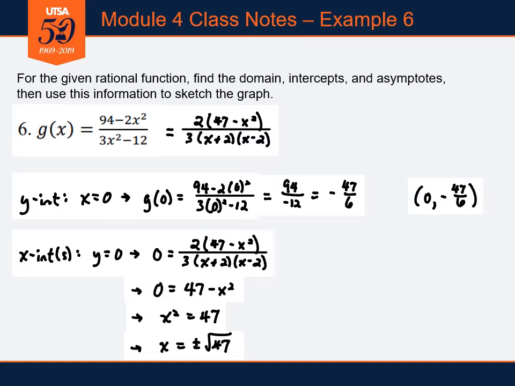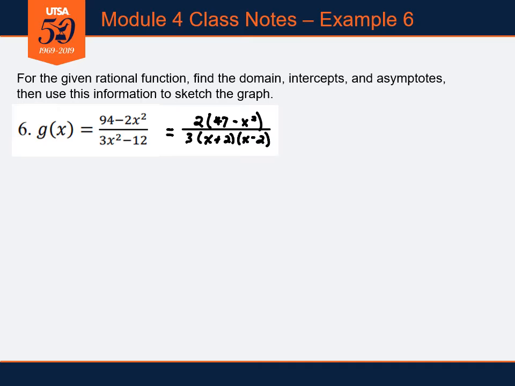Yuck. But that's okay. The square root of 47, and you can double check this in your calculator, is almost 7, because the square root of 49 would be 7. So we've got two x-intercepts, one at positive square root of 47 comma 0, and one at negative square root of 47 comma 0.